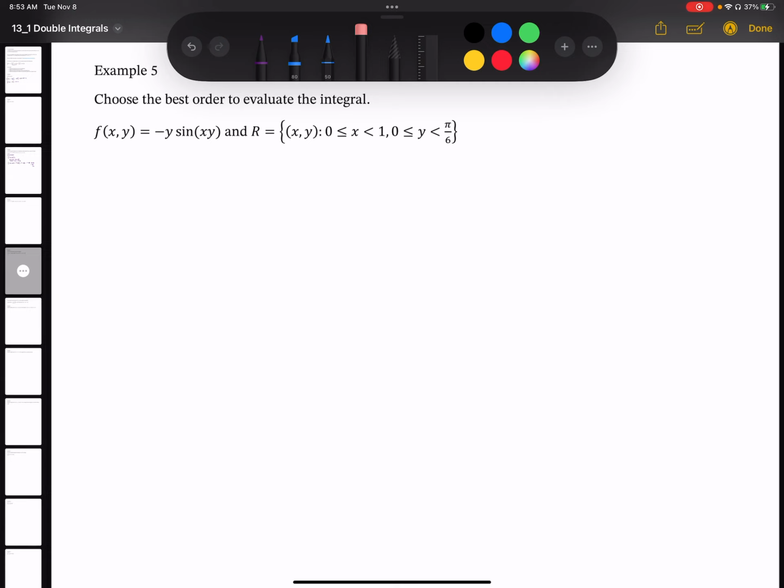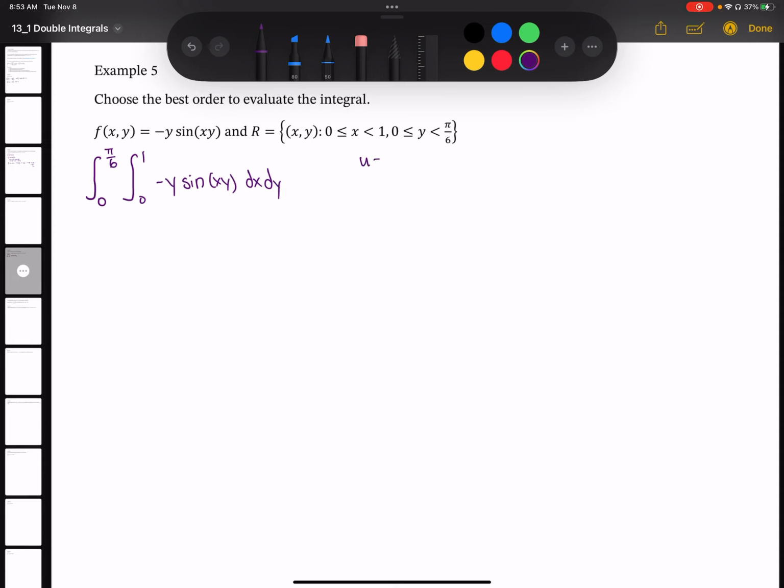So let's do that. So we want to say we integrate x first. So that means our y limits are on the outside. So from 0 to pi over 6, and then from 0 to 1 of negative y sine xy, and then we're going to have dx dy.